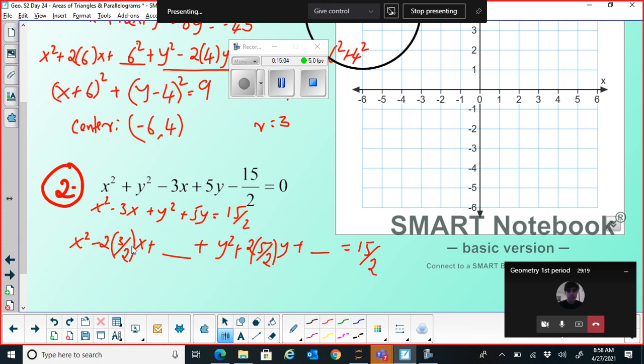Here to complete the square I need to add 3 over 2 whole square. On this one, to complete the square I need to add 5 over 2 whole square. I have added these two terms on the left side, which means I need to add them even on the right side. So I have here 3 over 2 whole square plus 5 over 2 whole square.